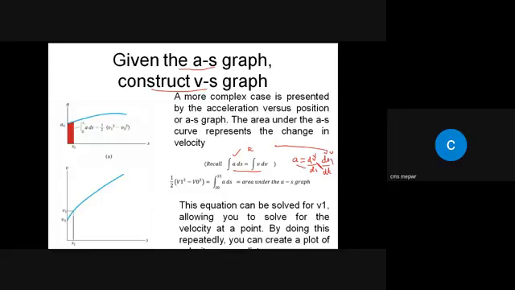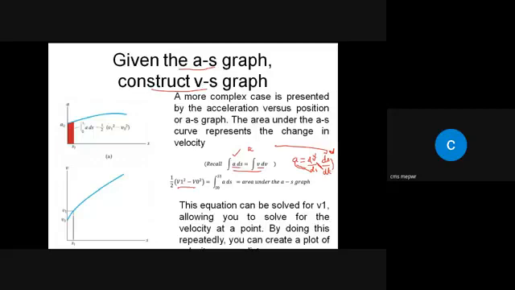So this ds by dt is equal to velocity. Instead of this one I will put velocity, and this one will remain as dv by ds. I will move this ds over here, so this one will become a ds, and this dv we will combine with v, so it becomes v dv. So that's why we have a ds and v dv, right?